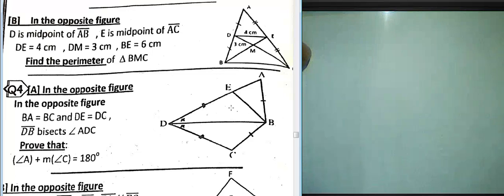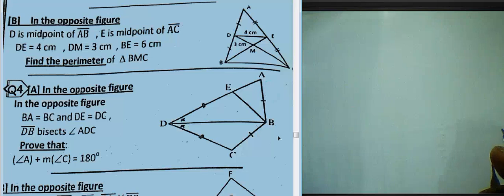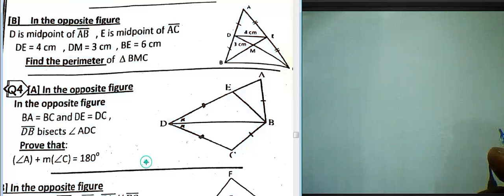He gave us in this example AB equal to BC and DE equal DC, and this angle equals this angle in measure. Okay, who can solve this example with me?